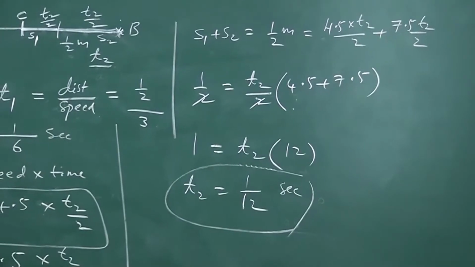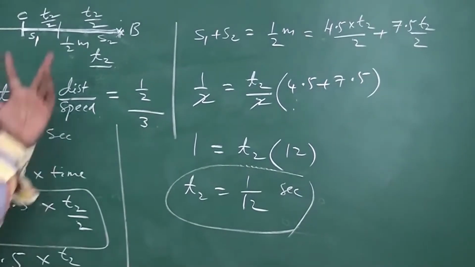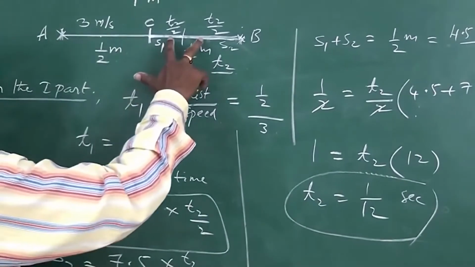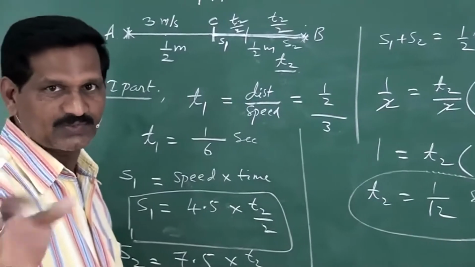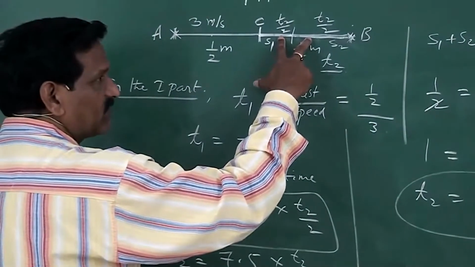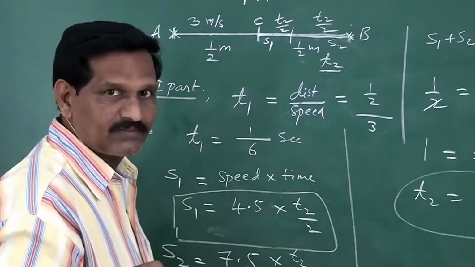This way we have to calculate the time taken for the car to cover the second half distance, because this second half distance is not covered with a single speed. This half meter distance is covered with two different speeds but in equal time intervals.